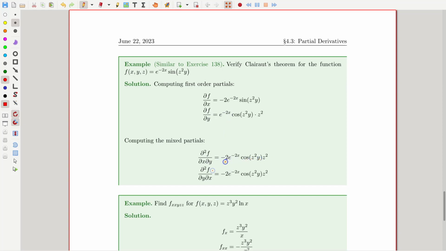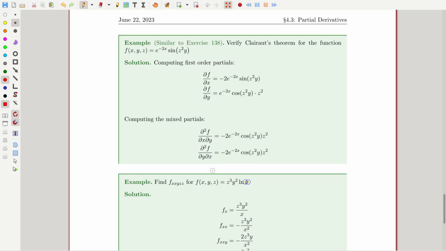So we end up with this. For this mixed partial, we have to take the y derivative of the x derivative. So we take the y derivative of this, and you can see that the exponential is constant, the sine becomes cosine, it's going to pop out a z squared, which gives you this expression. Exactly.